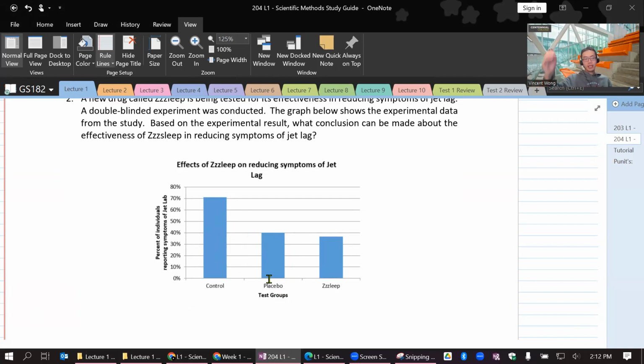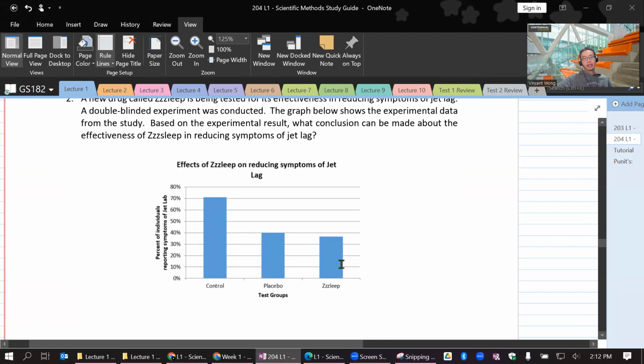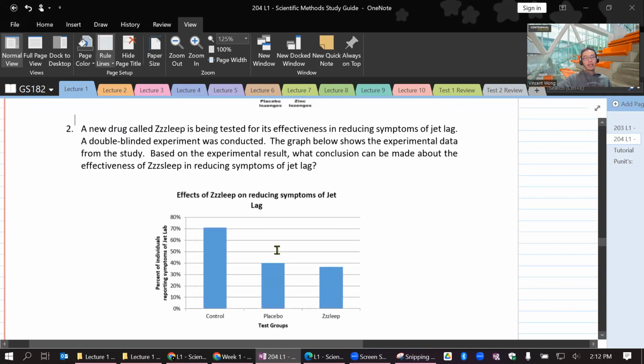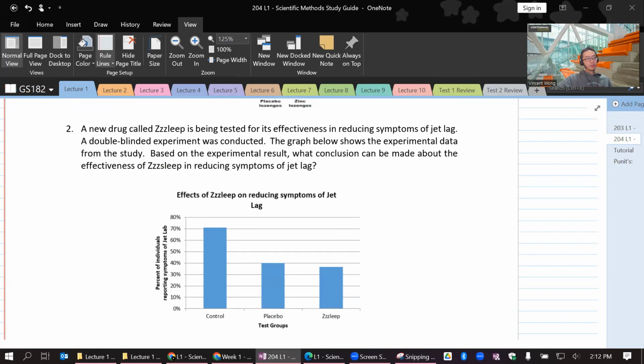But it's actually a fake pill. And then this is the group that actually takes the experimental jet lag pill. So based on this result, do you think the new pill is effective? Does taking this drug actually reduce your jet lag symptoms? What do you think?